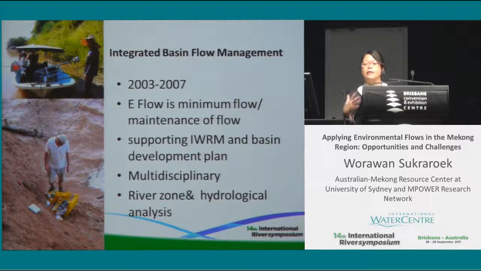And then the experts were tasked at that time to come up with a triple bottom line assessment, looking at biophysical changes of the river, and looking at social and economic changes due to that biophysical change. More importantly, how people's livelihoods would change according to different scenarios.